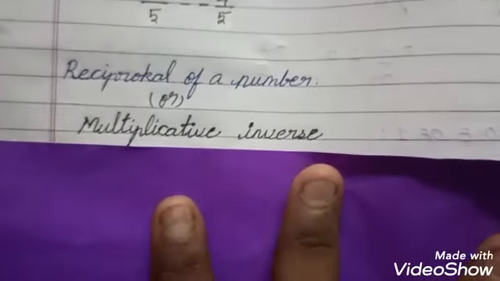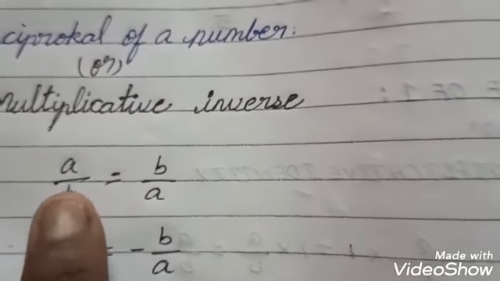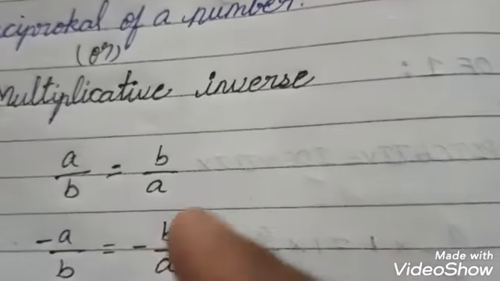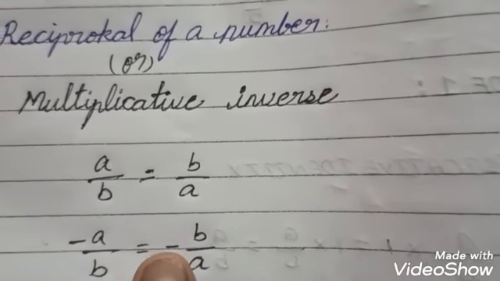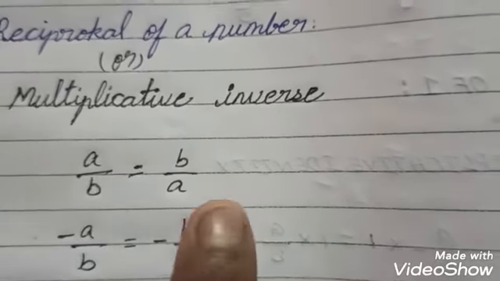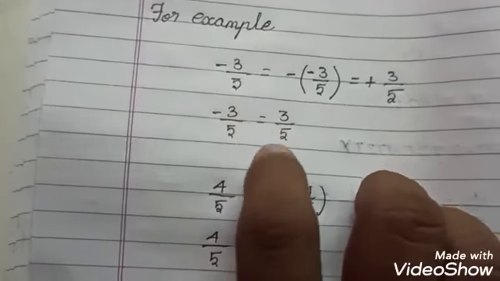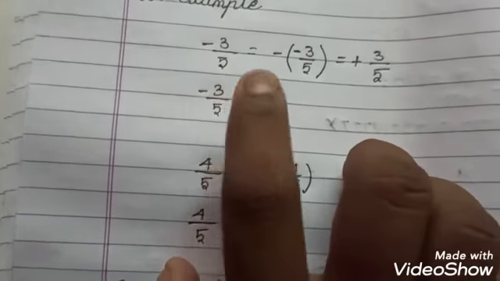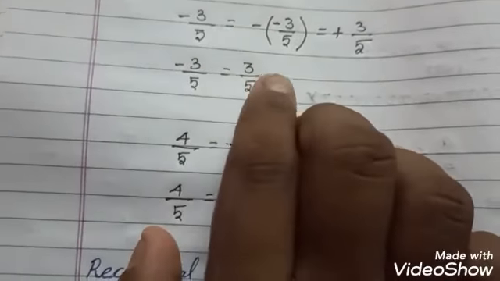Next we move on to the reciprocal of a number. We say it is the multiplicative inverse. The multiplicative inverse of a by b is b by a; you have to take the inverse. For minus a by b, the minus stays the same and you take the reciprocal of the fraction, so b by a. Here you have to see that for additive inverse there is no change in the number, only the symbol changes: 3 by 5 stays 3 by 5, minus becomes plus.